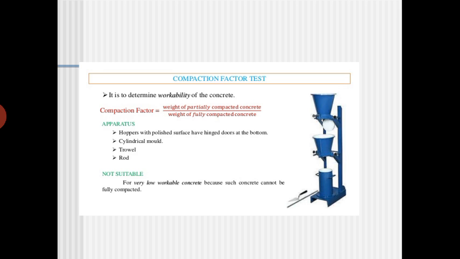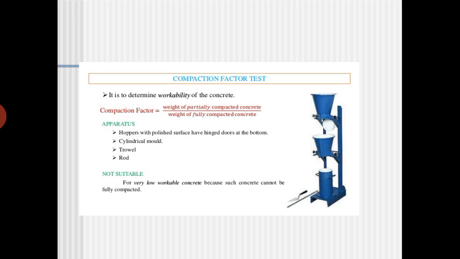The first apparatus is the hopper bottom bucket with a polished surface, which is hinged at the bottom, and its height is a little bit more. The second one is also a hopper bottom, having slightly lesser height compared to the first one.